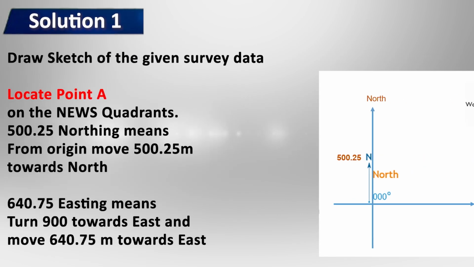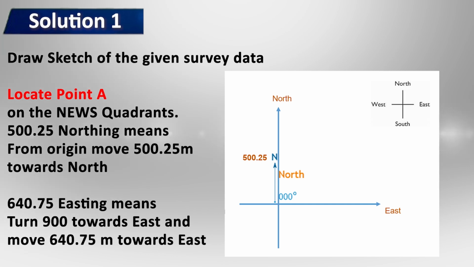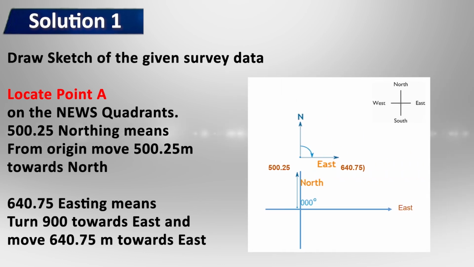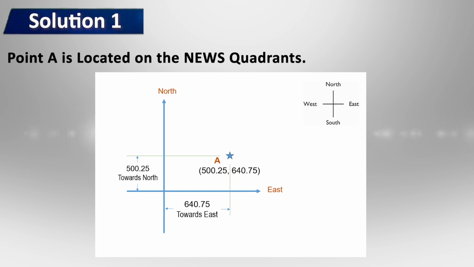It is good practice to sketch the coordinates of the readings that are given. The northing and easting of point A are 500.25 and 640.75. To plot A on the map, take 500.25 units along the north axis and then 640.75 units along the east axis.